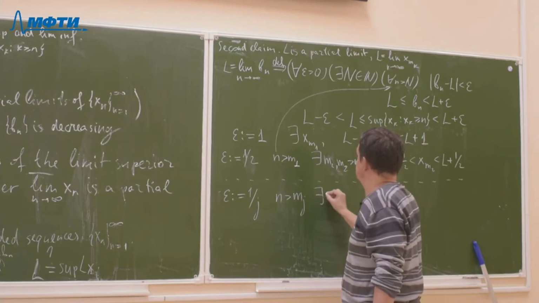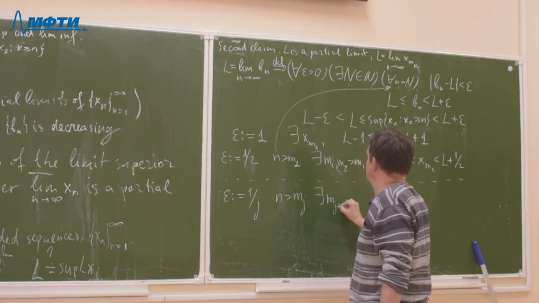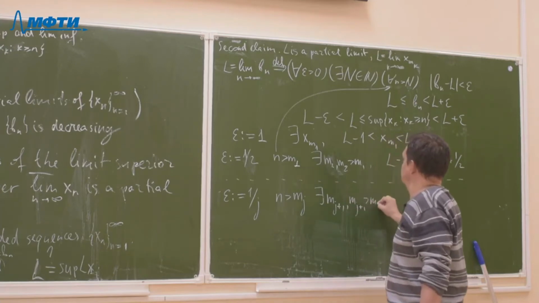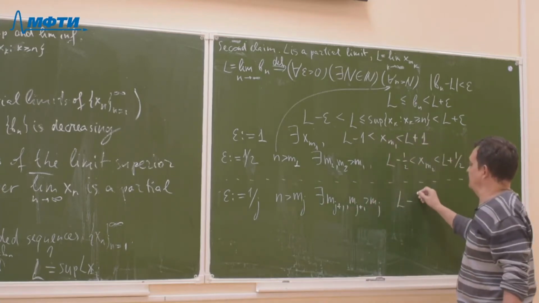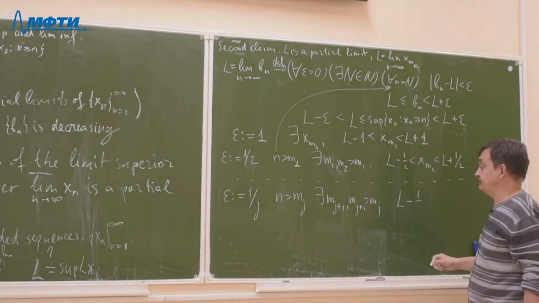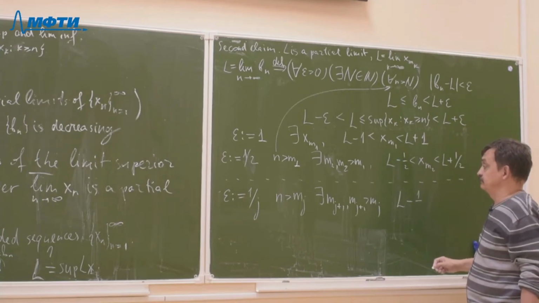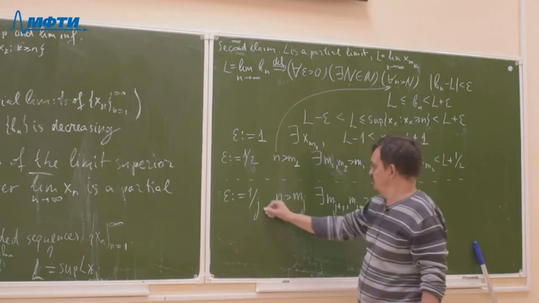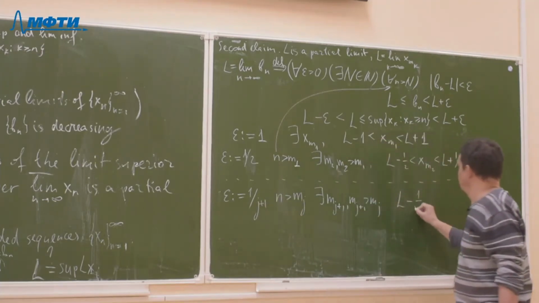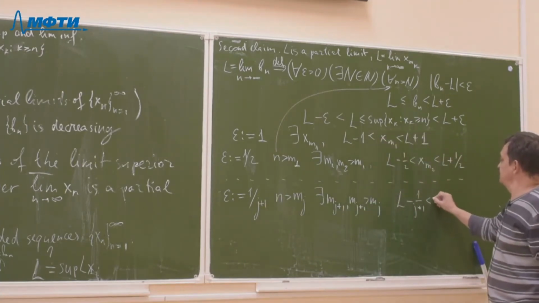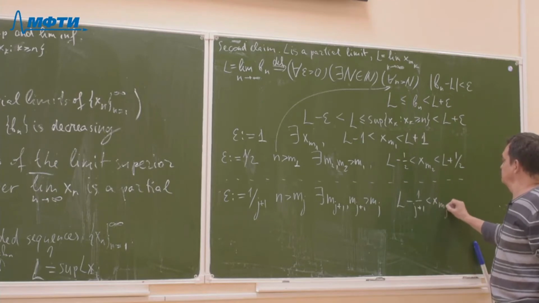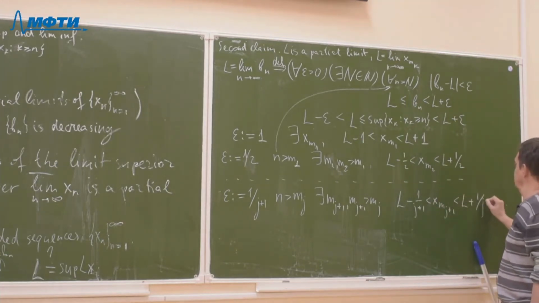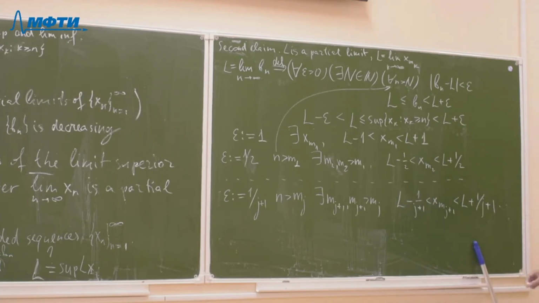Then there exists mj plus 1 greater than mj, such that L minus 1 over j plus 1 is less than x mj plus 1, less than L plus 1 over j plus 1, and so on.